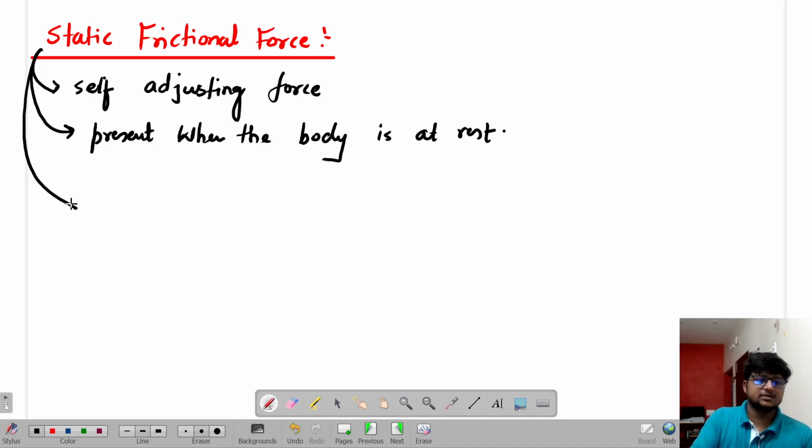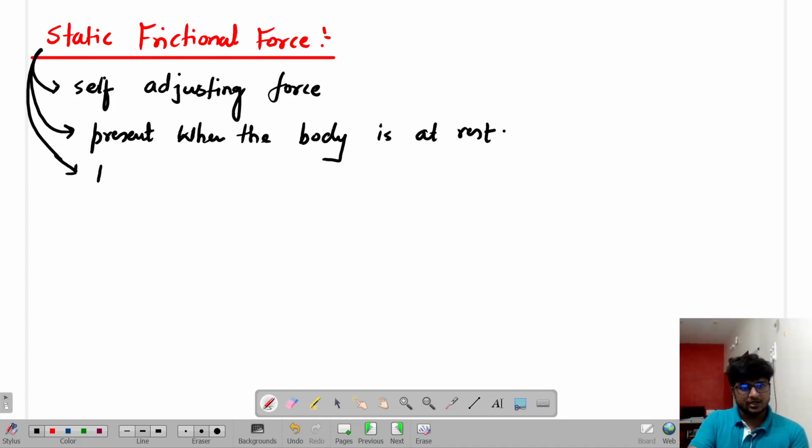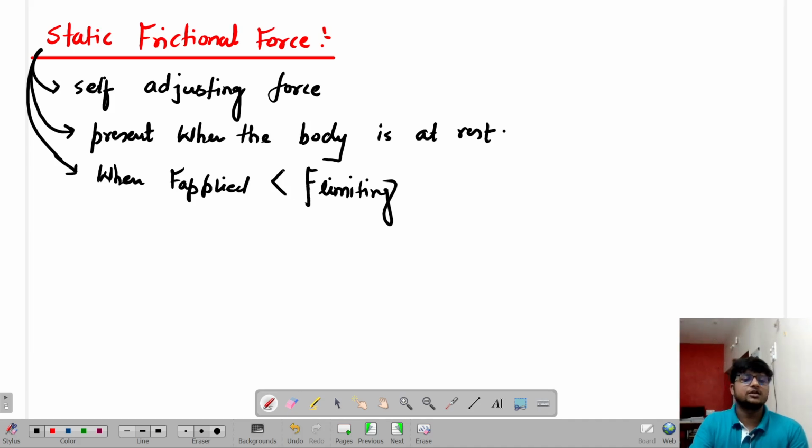Third idea is that it is present when my F applied force is less than my F limiting, the maximum value of limiting friction force. Is that clear or not?